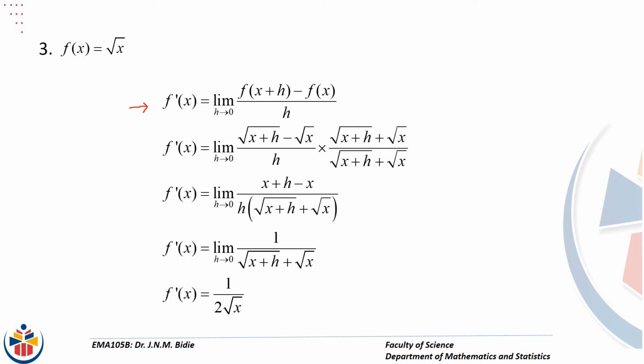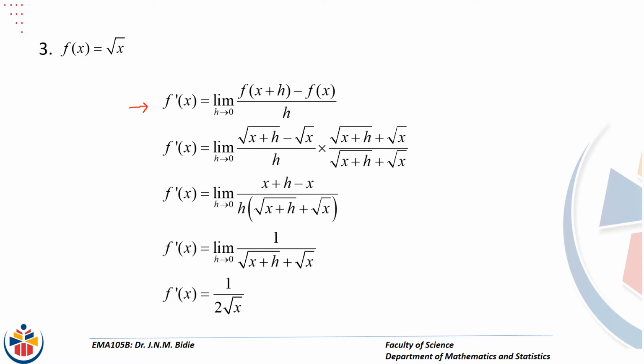So that means here we're rationalizing the numerator in this case. Multiply out: the square root of x plus h times the square root of x plus h is just x plus h. Note that this is the difference of two squares that you see in your numerator.